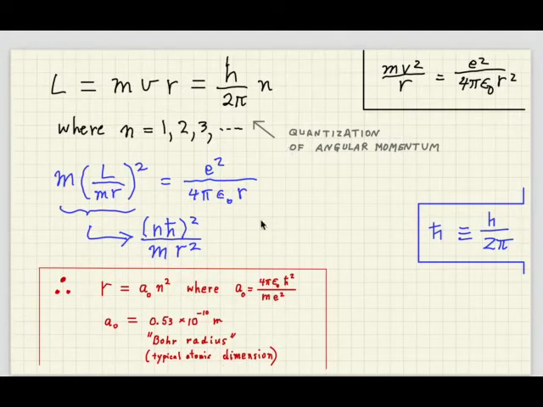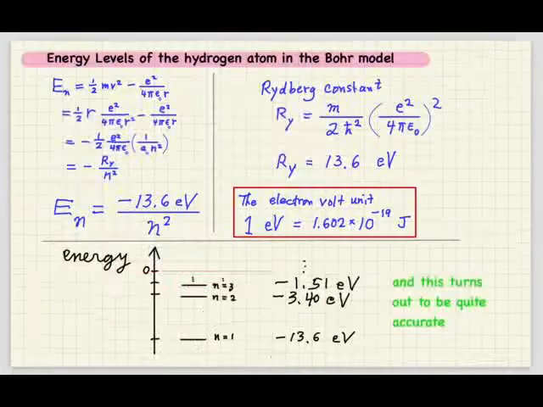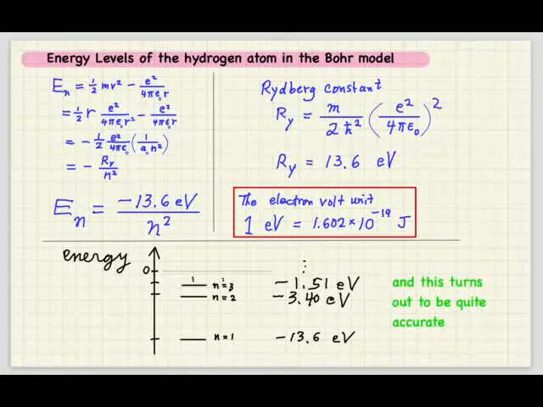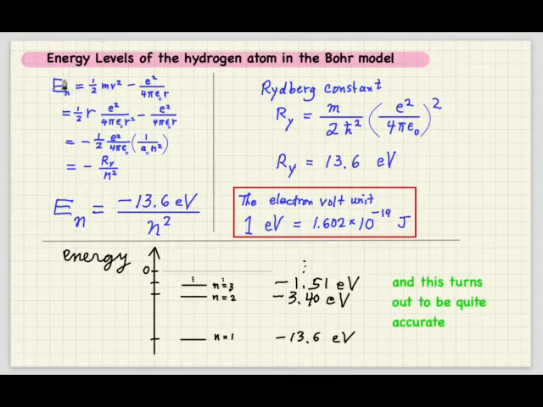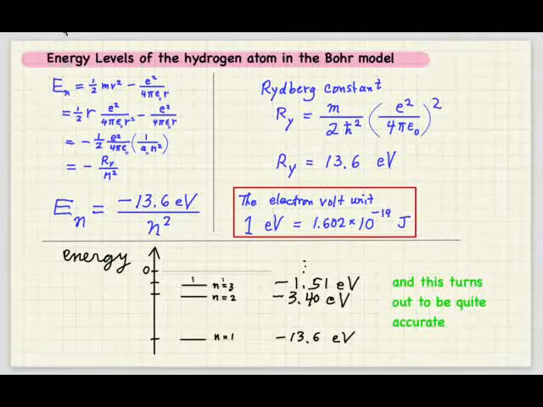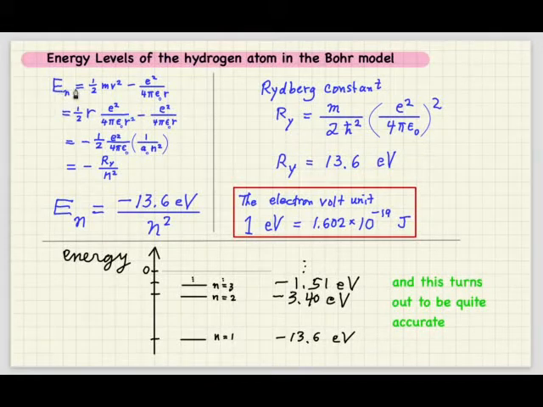All right, so that's the radius of the electron orbit. Now let's go on and calculate the energy. All right, now, what are the energy levels of the hydrogen atom in the Bohr model? Well, let's suppose we have that quantum number n.